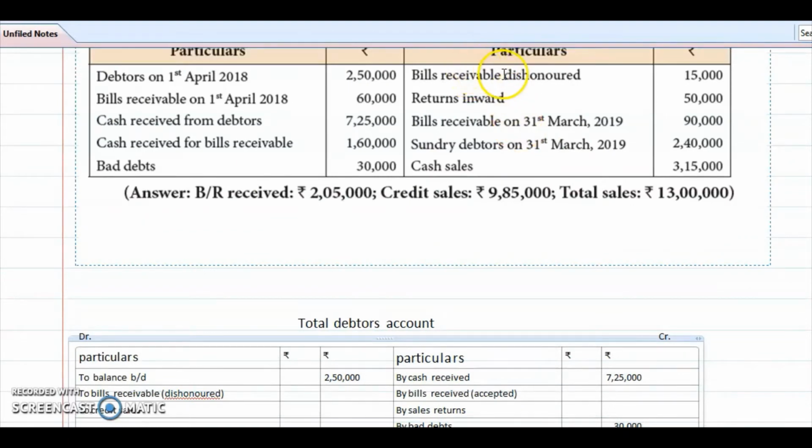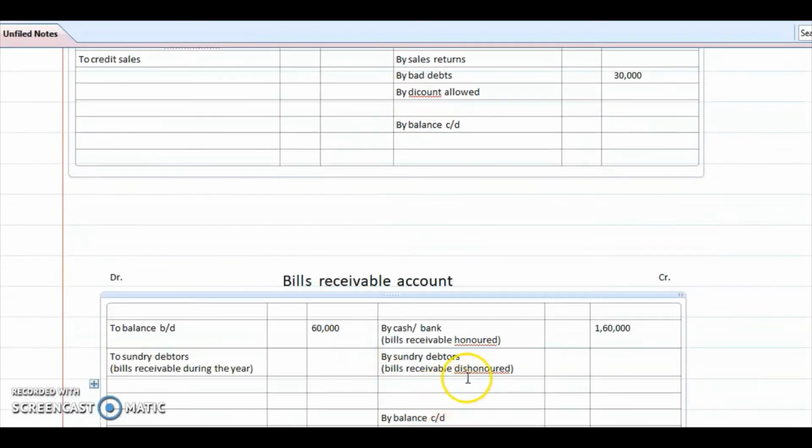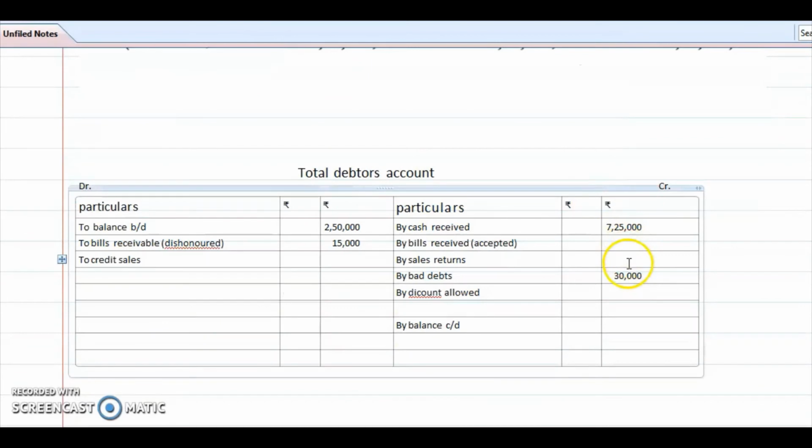Bills receivable dishonored 15,000. As I already told you, dishonored will come in the receivable account also. So 15,000. Then returns inwards 50,000, so sales returns 50,000.